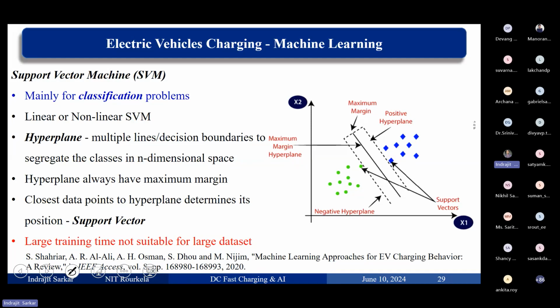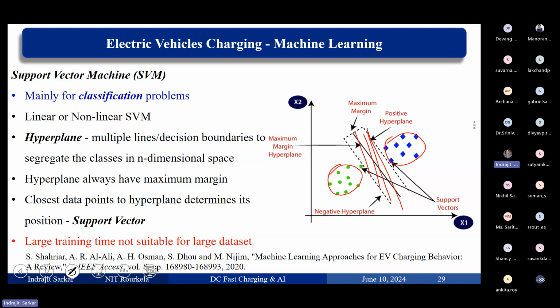Here we have two classes of data. There could be multiple classification lines that can classify the two data sets. Multiple classification lines make the hyperplane. Now there will be a boundary to that plane.